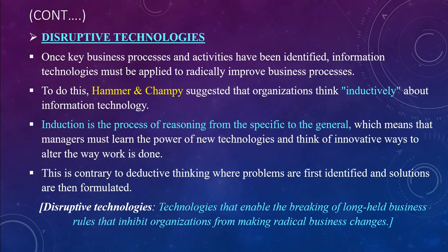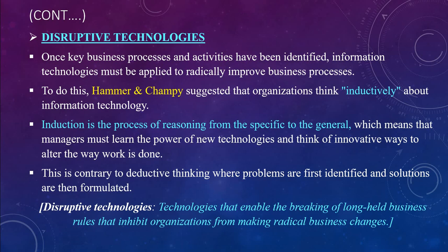Next, we have disruptive technologies. By disruptive technology, we can also say technology that is always changing, that doesn't remain stable but changes with time, or technologies that are dynamic.